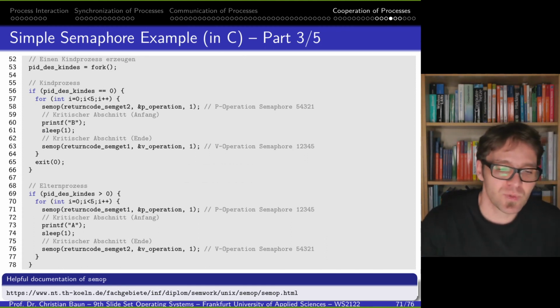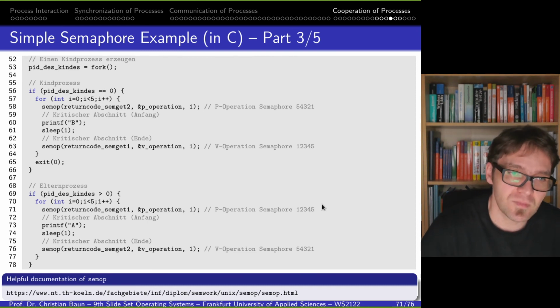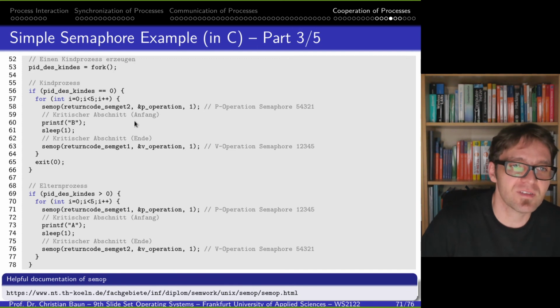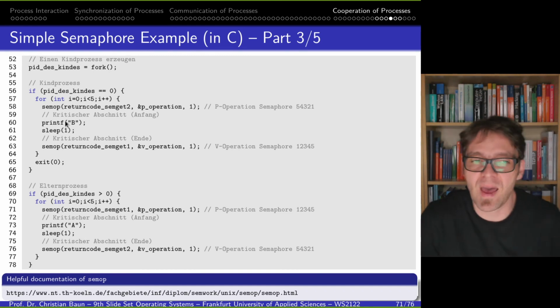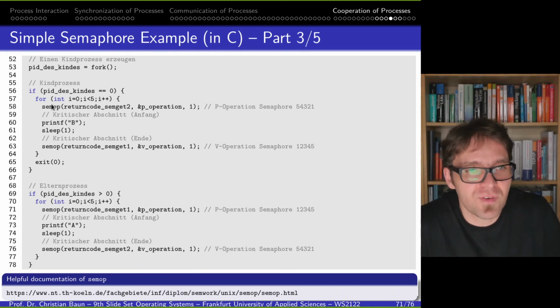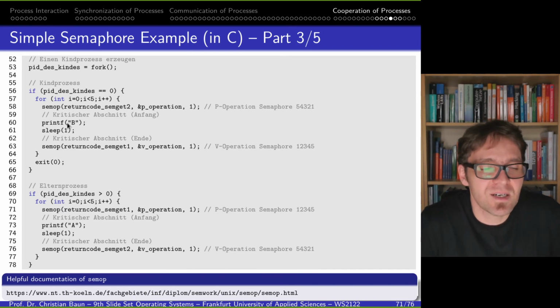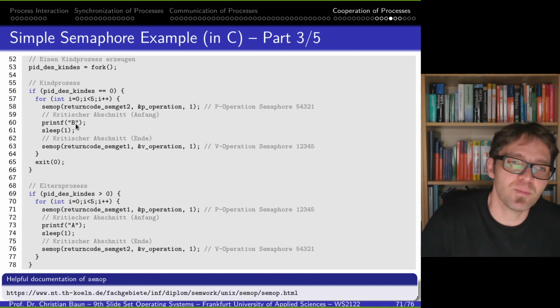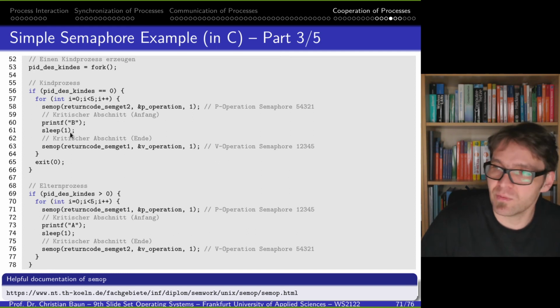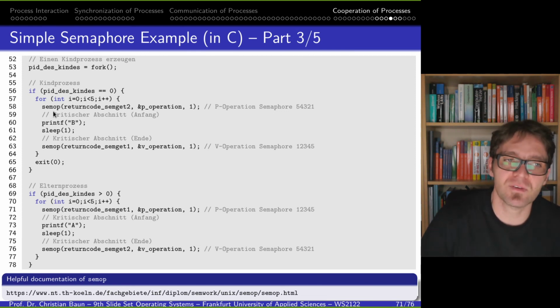So next we create a child process in line 53 with fork. And in line 56, the child process starts. The child process happens here, and here we have a for loop, and it will loop 5 times, and it will print out the letter B, but only one time, and only after we can do the P operation in line 58 with semop.